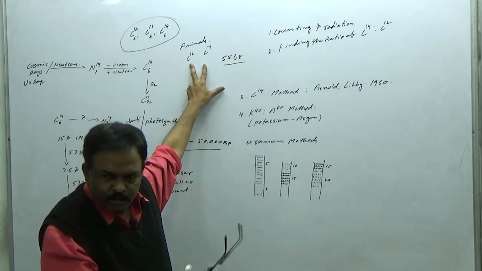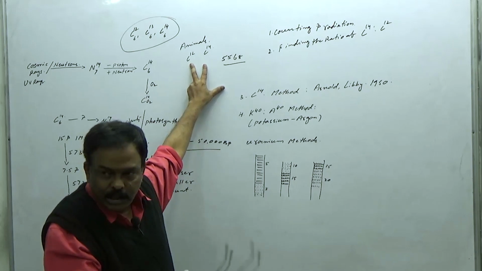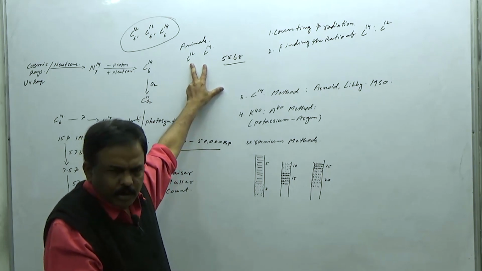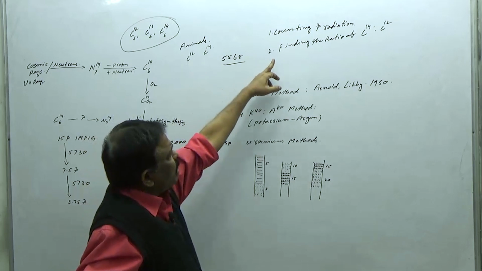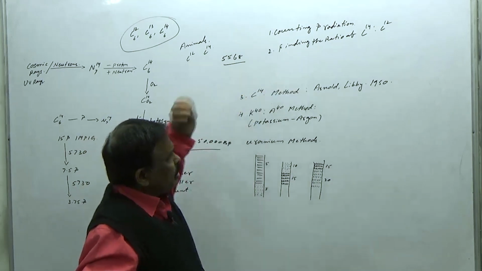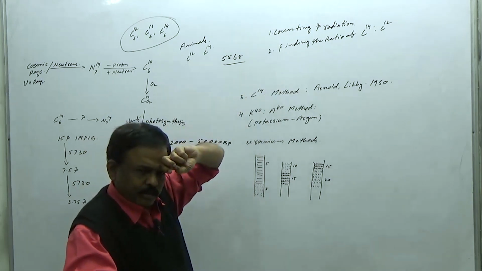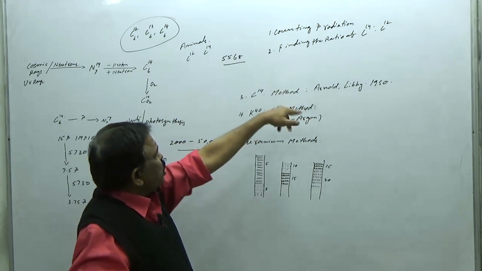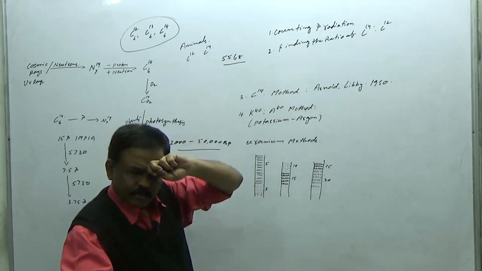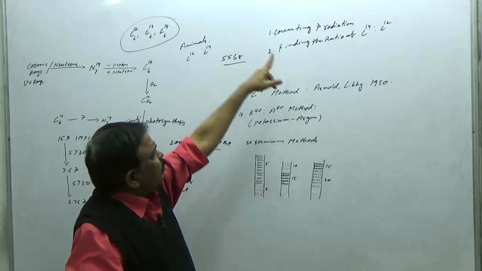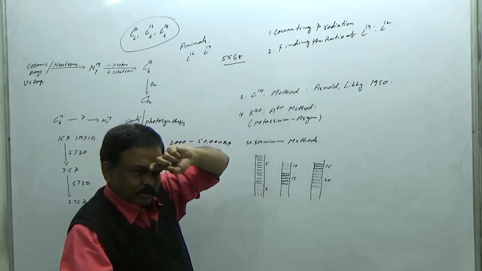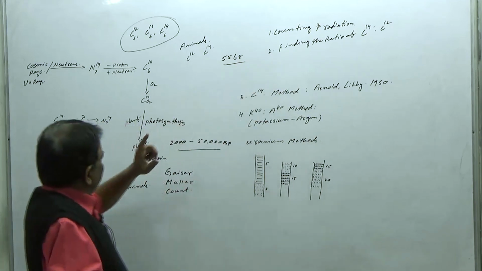Understand what I am saying? They can analyze it. That means one is based on the ratio of C14 and C12, where this is the half-life. Another one is the beta radiation counting, where this is the half-life.